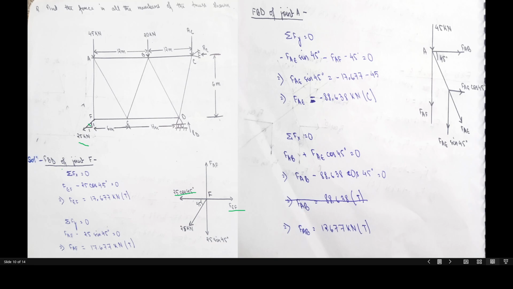By solving this, we get the value of FEF, that is 17.677 kilonewton, and it's positive, so we'll write it's in tension. Then we'll solve for vertical forces, that is FAF and 25 sin 45 degree. They're in opposite direction, so it will be subtracted. We get the value of FAF as 17.677 kilonewton. Then we'll find another joint that has two unknown forces.